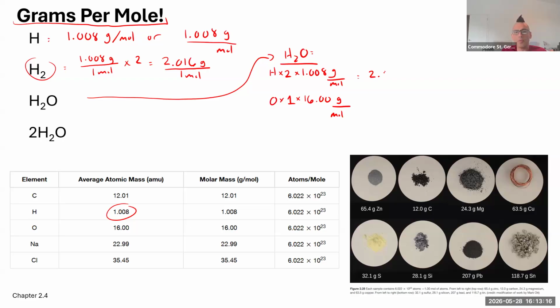This is going to be 2.016 grams per mole. This is just 16.00 grams per mole. We add those together and we have 18.016 grams per mole.